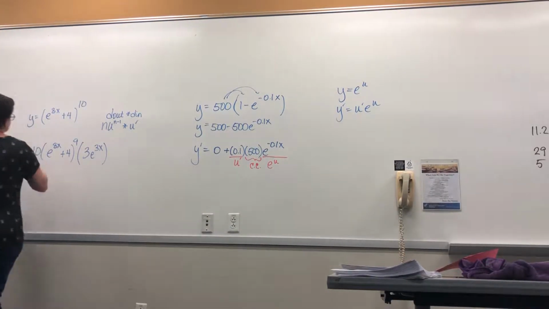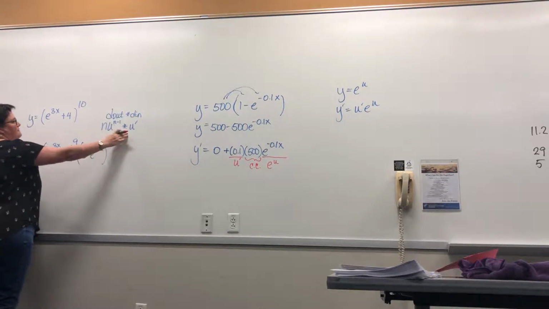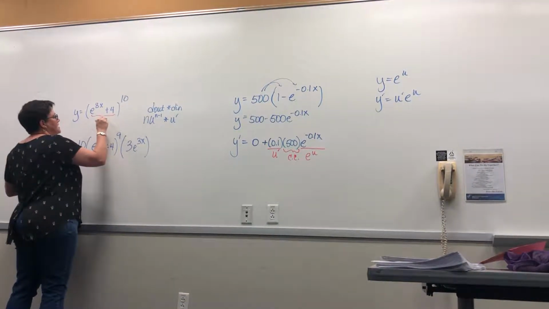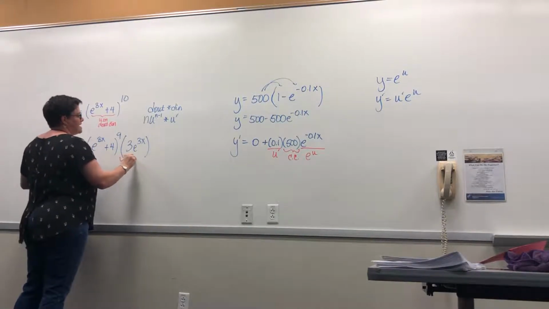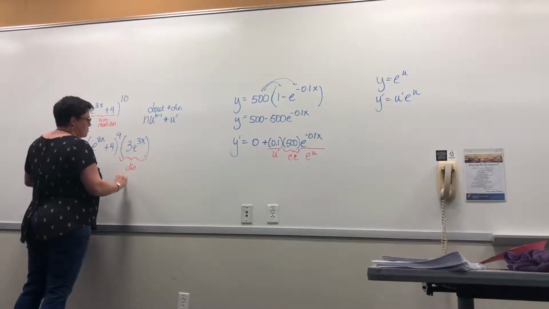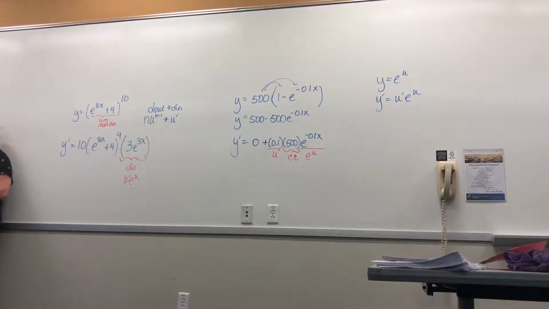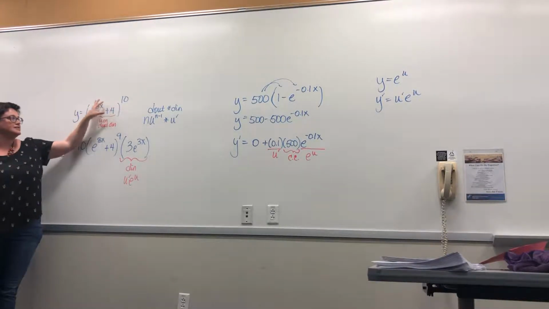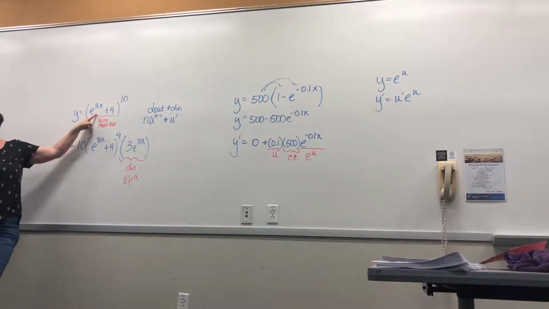So globally we have n u to the n minus 1. Locally, this is my u on D out DN. When we get to DN, we're employing u prime e to the u. So we have two different layers of u going on here, guys. We have the global u, which is this entire inside function, and we have a local u on just e to the 3x. You guys okay with this?